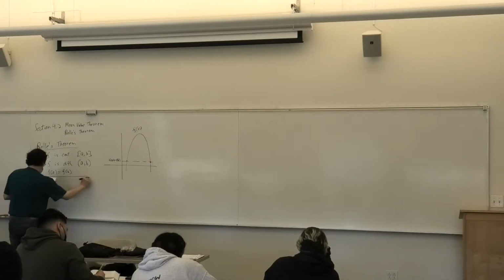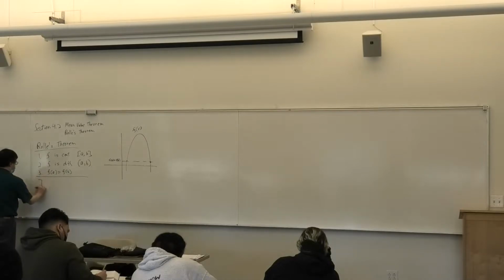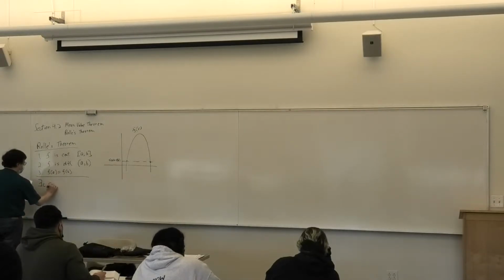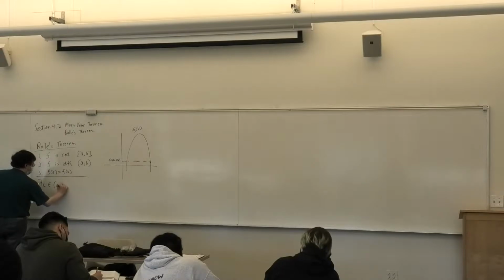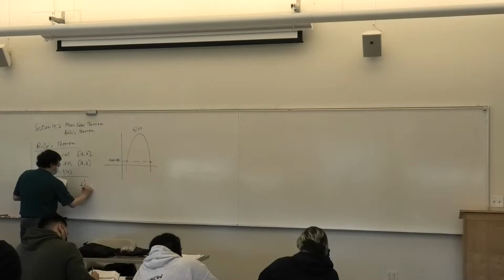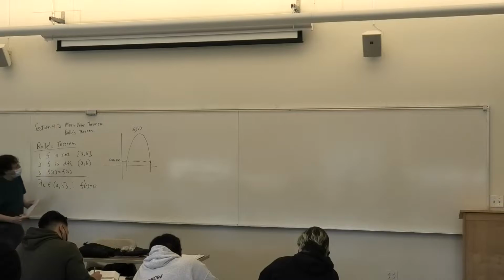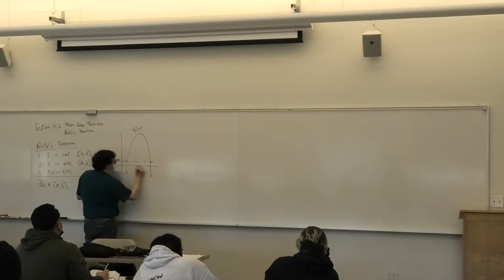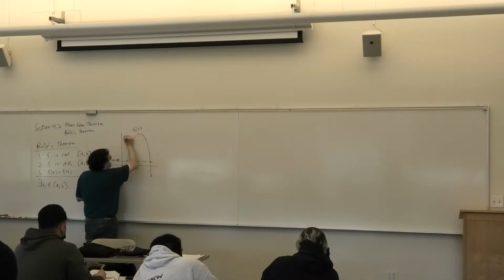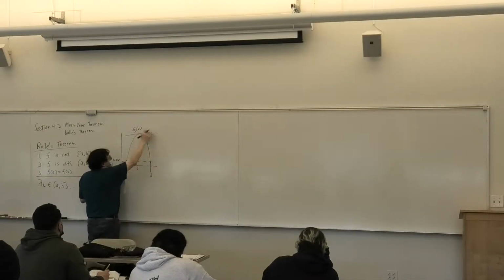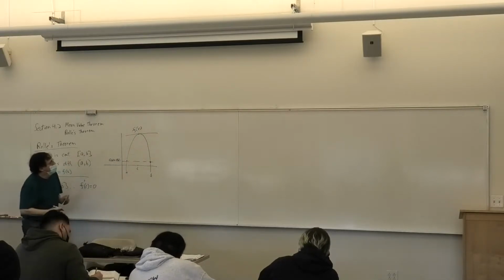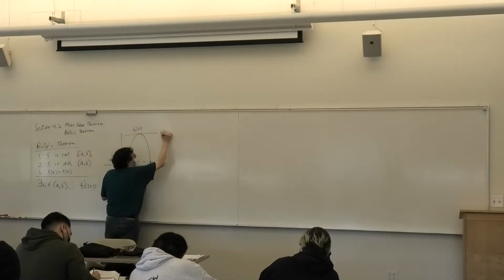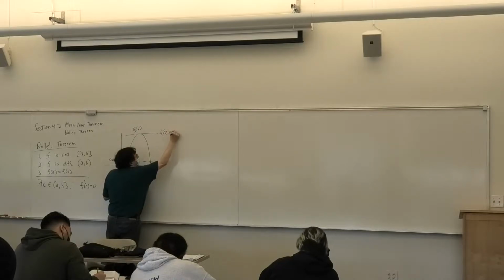So what our theorem says is there exists a C on AB such that the derivative at C is 0. So what that says is there's some point here C, this is A, this is B, there's some point C where the tangent here is horizontal. The derivative is 0.